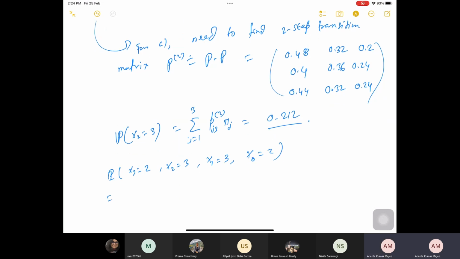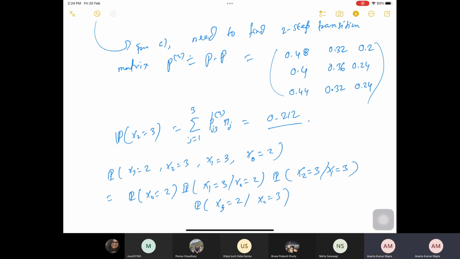Here I can use your previous lemma: the probability of X0 equal to 2, then the probability of X1 equal to 3 given X0 equal to 2, then the probability of X2 equal to 3 given X1 equal to 3, and then the probability of X3 equal to 2 given X2 equal to 3.